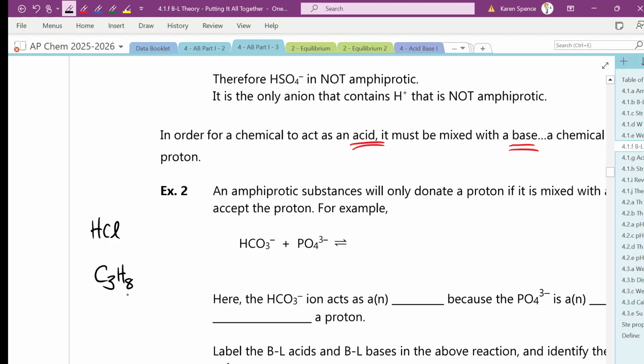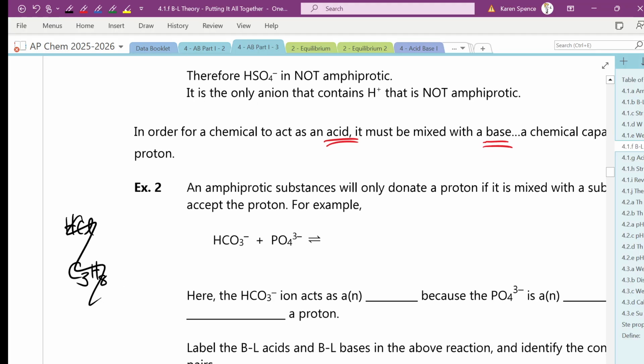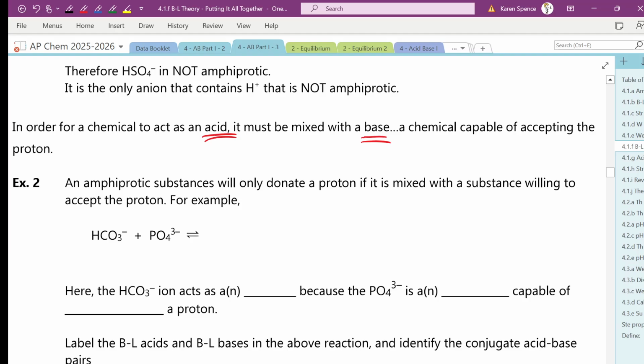C3H8 is not a base. It is unable to accept protons, so the HCl would not donate protons, so it would not act as an acid. It would just sit there, if it would even dissolve, because HCl is polar and the other one is non-polar. But anyway, if you have an acid, it has to have a base.